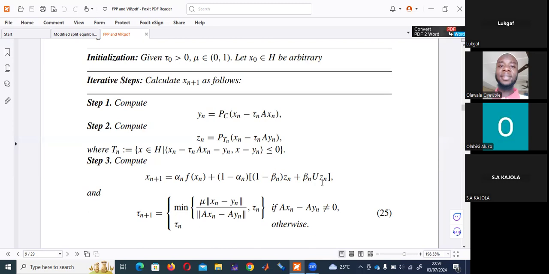The third one is that you have to prove that the sequence is asymptotic. What does that mean?